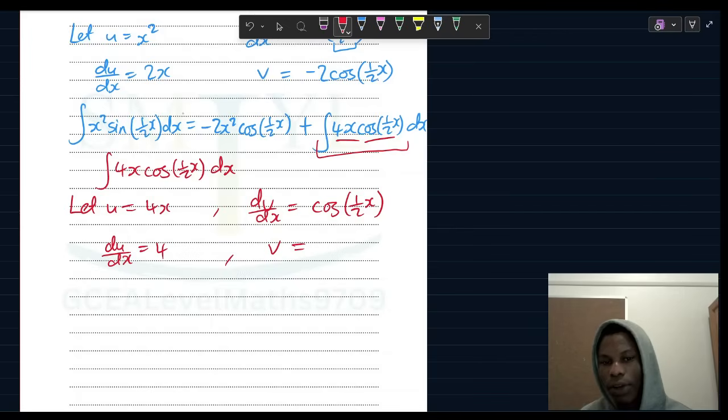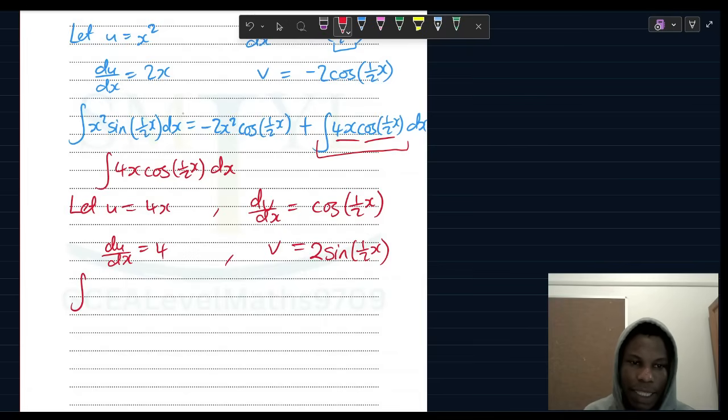Integrate cos of a half x. So if you integrate cos, you get sine, that's of half x. And if you differentiate the inner function, if you differentiate a half x, you get a half. So we have to divide by a half, which is the same as multiplying by 2.